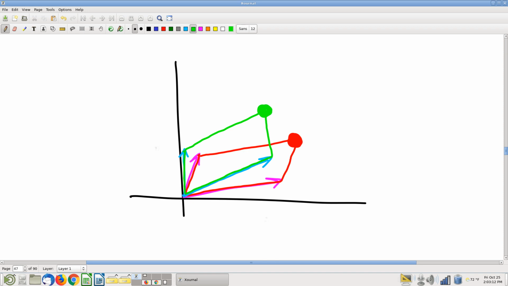Try to use your imagination, pretend like I'm more artistically confident than I am. So we have in red a parallelogram, and in green, just the rotation of that parallelogram. And of course, if you rotate a parallelogram, you get a parallelogram. I think that's pretty believable.